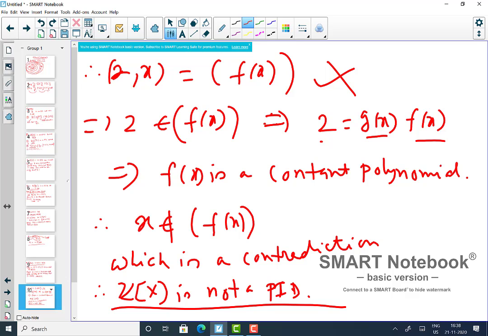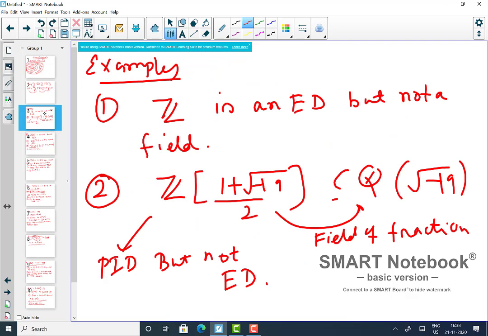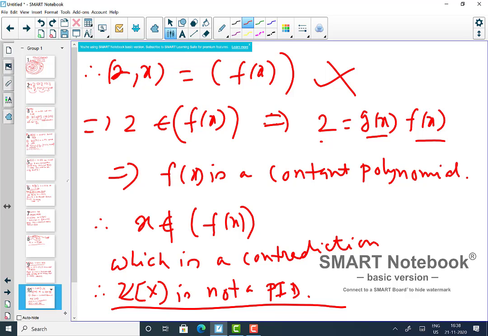Now some of the other examples are very difficult to prove, but maybe I will discuss something so that you have some idea how to prove. For example, this is a PID but not an ED. Now to prove this is a PID is not an easy thing, because to prove something is not a PID, it is easy: you need to find an example.